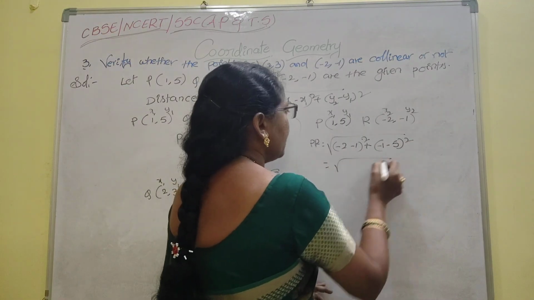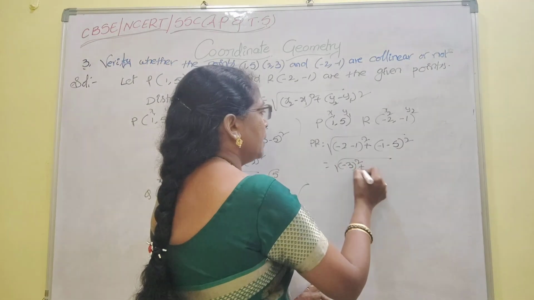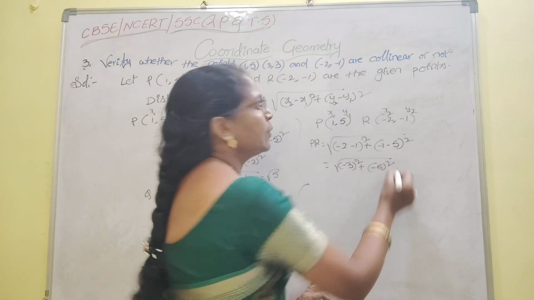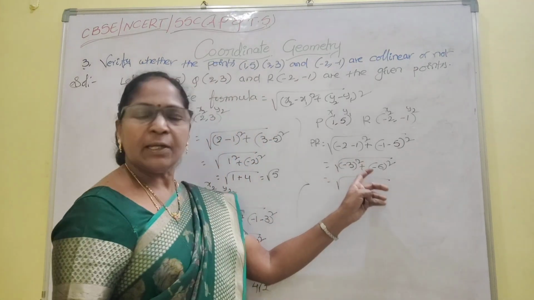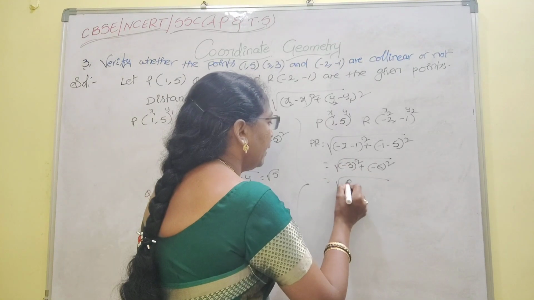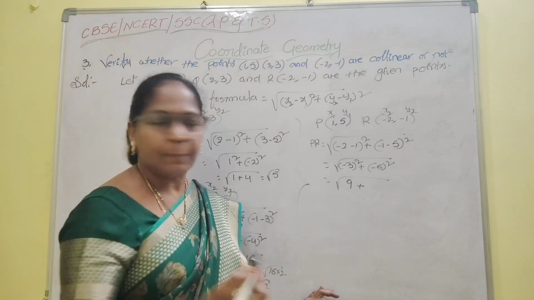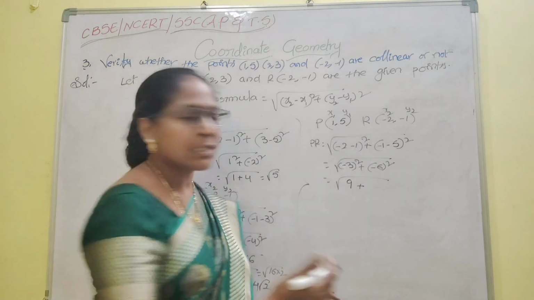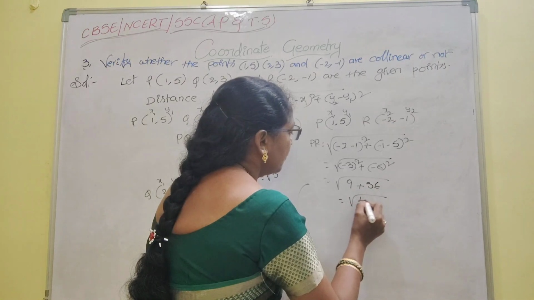That equals the square root of (-3) whole square plus (-6) whole square. (-3) whole square is 9, plus, a negative number squared always gives plus, so directly 6 square equals 36. That equals the square root of 45.